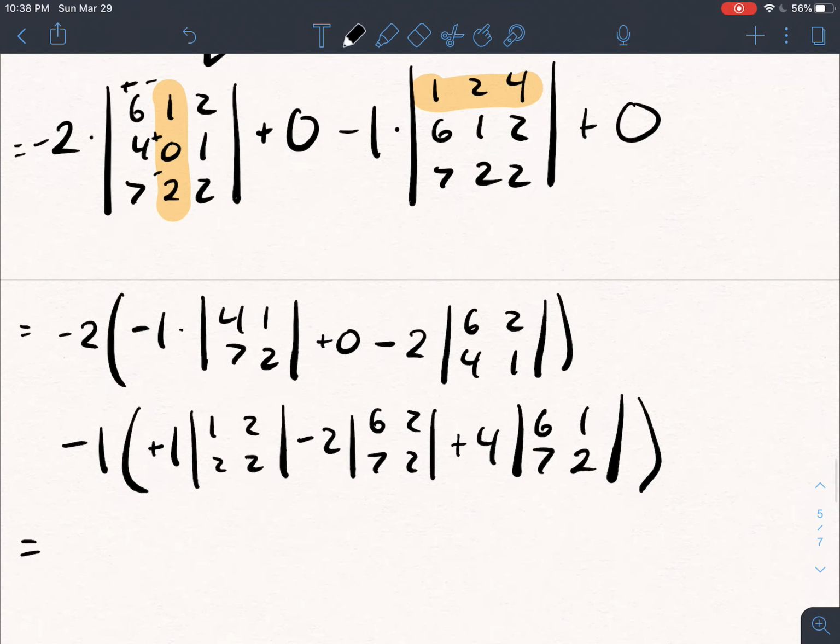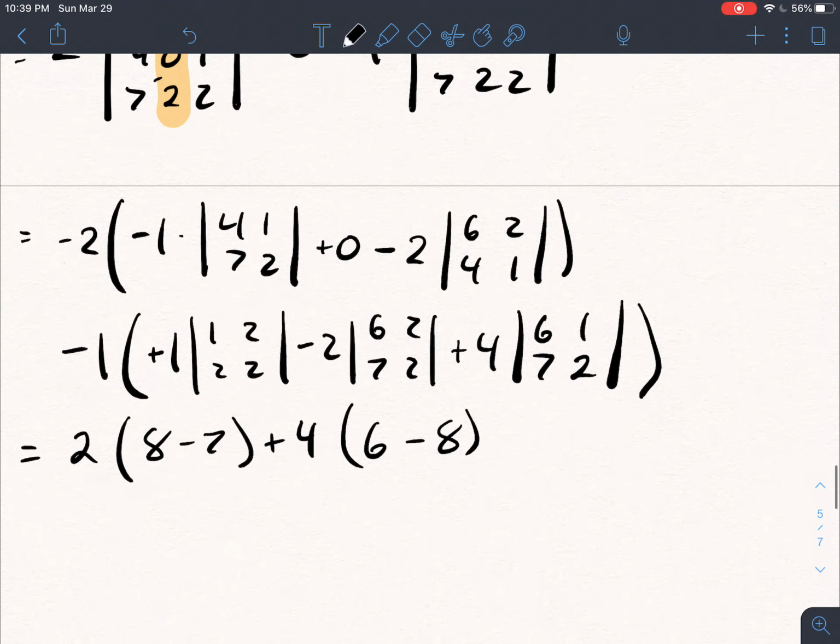Okay, what do I get? So, okay, this first one, I'm just going to go ahead and distribute this negative 2 to all of my terms here. And I'll have positive 2 times 8 minus 7 plus 4 now times 6 minus 8. That'll be for the first line.